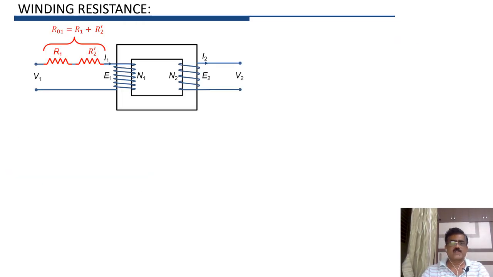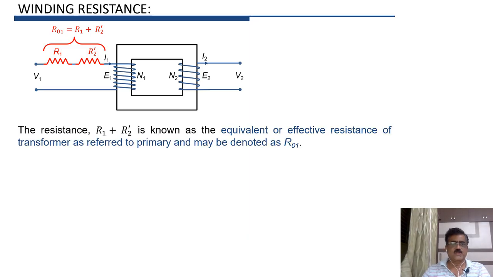Now if all the resistances are transferred on primary side, we can add R1 and R2 dash. So this resistance R1 plus R2 dash is known as equivalent or effective resistance of transformer as referred to primary, and this resistance may be denoted as R01.